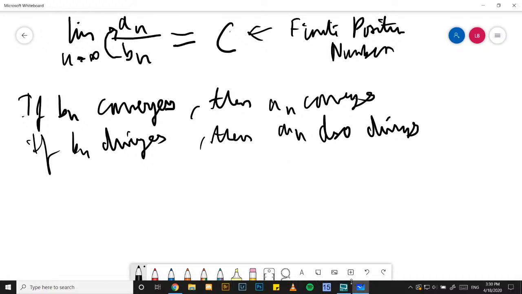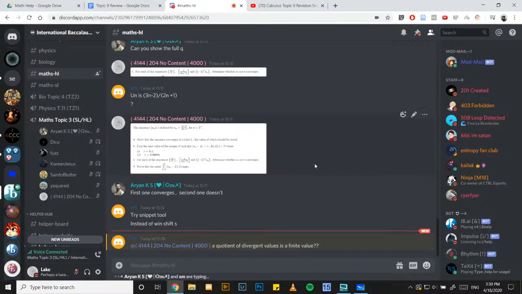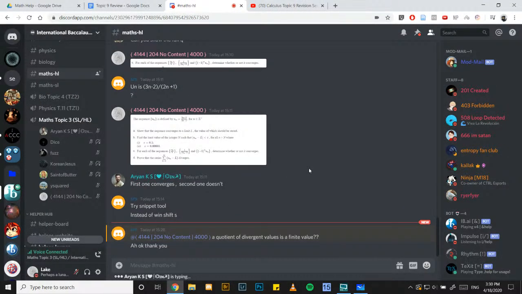even if the bottom and the top aren't necessarily convergent, either one of them is not convergent. So if you have two things that are going to infinity, the fact that they're both going to infinity doesn't show anything by itself; they might just converge. Sometimes the numerator is growing at a faster infinity than the denominator, and in that case you're going to have a way faster infinity.